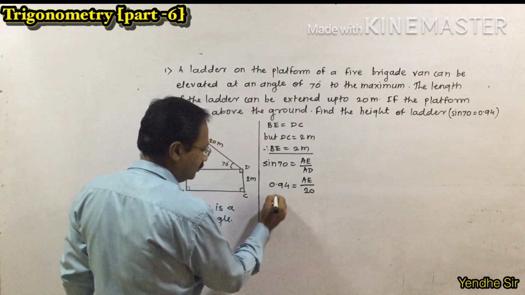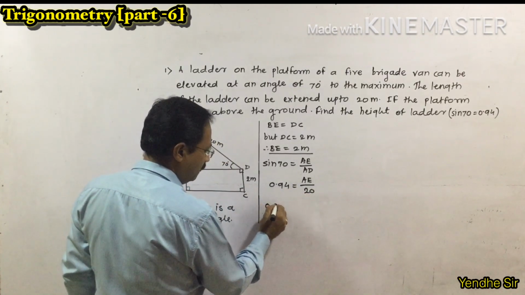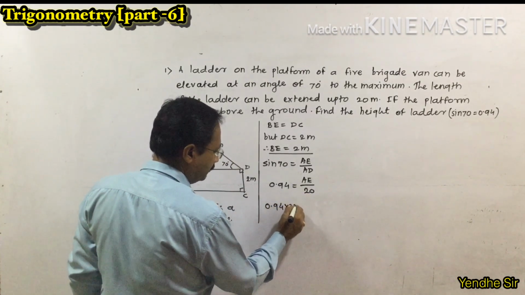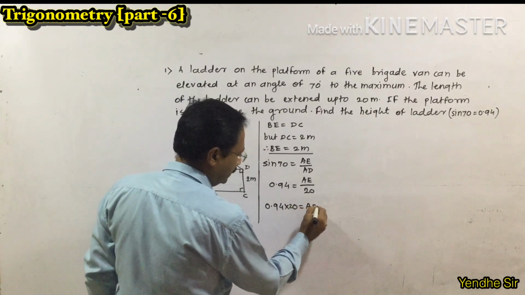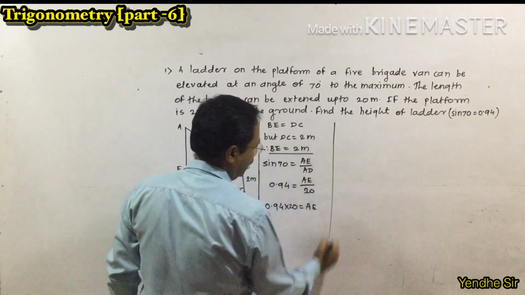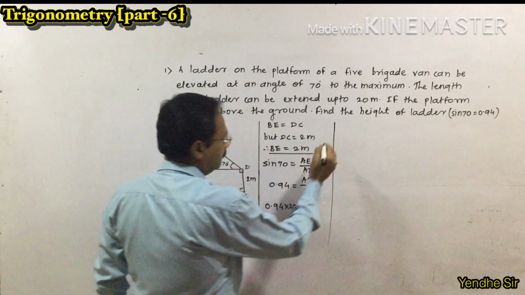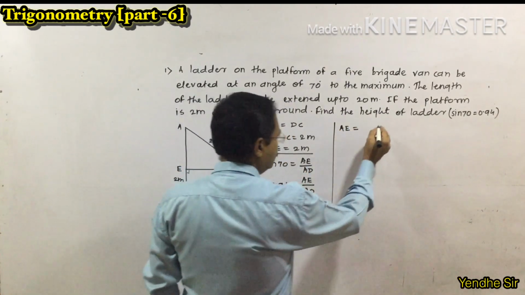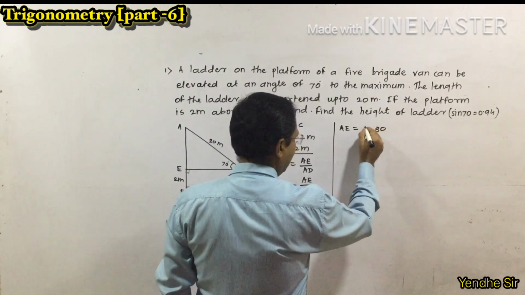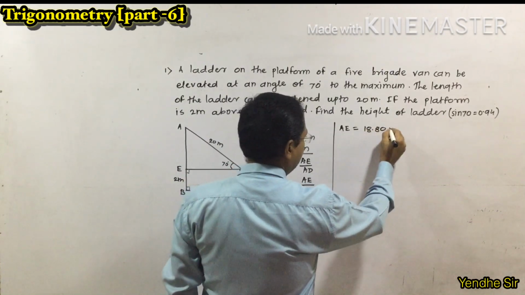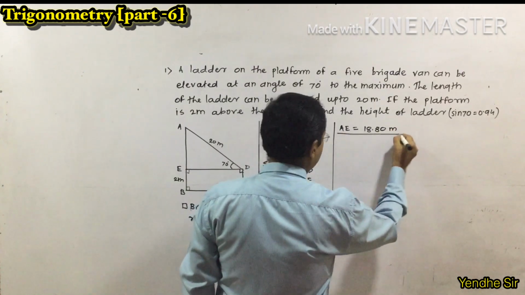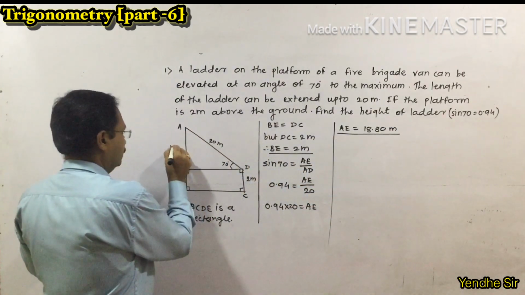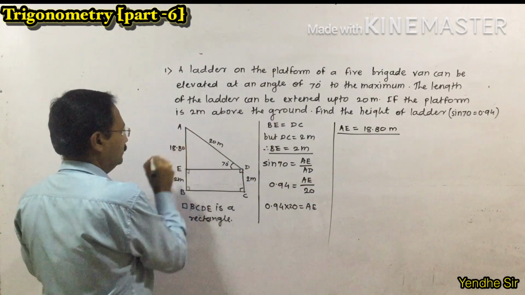So if the 20 comes on this side, 0.94 multiplied by 20 equals AE. So here I get it. The multiplication of these two equals 18.80 meters. This is the value of AE.